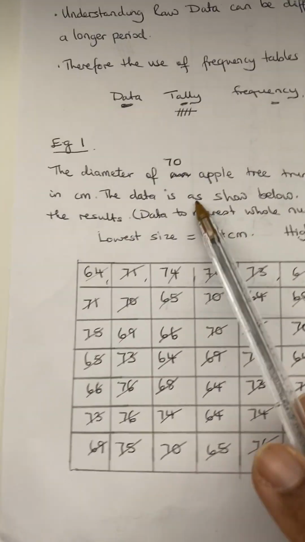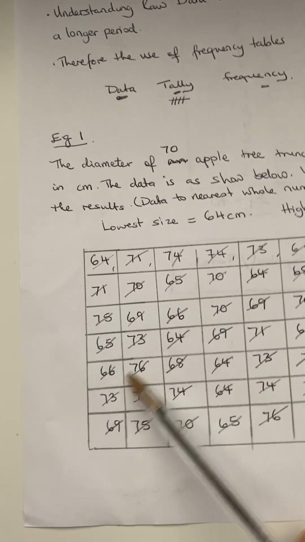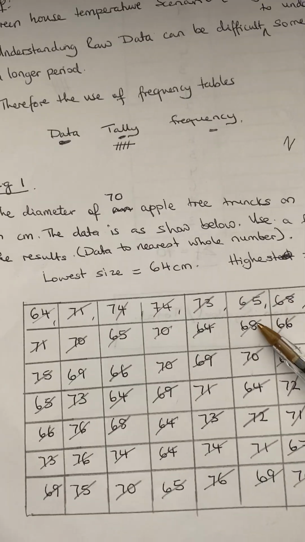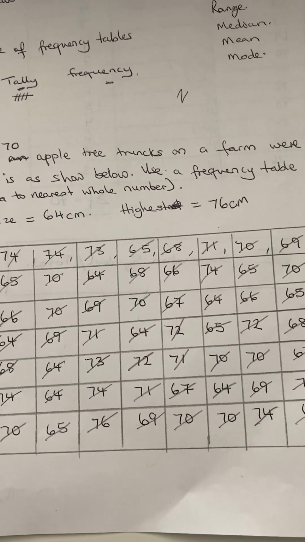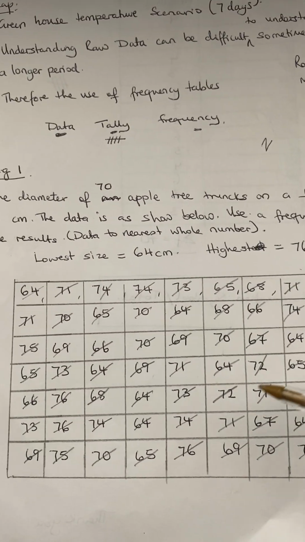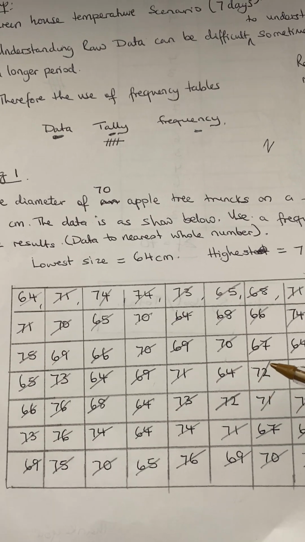Don't just assume the question said 70, so they've given you 70. Something can be missing due to printing, so you want to be sure that it's 70.